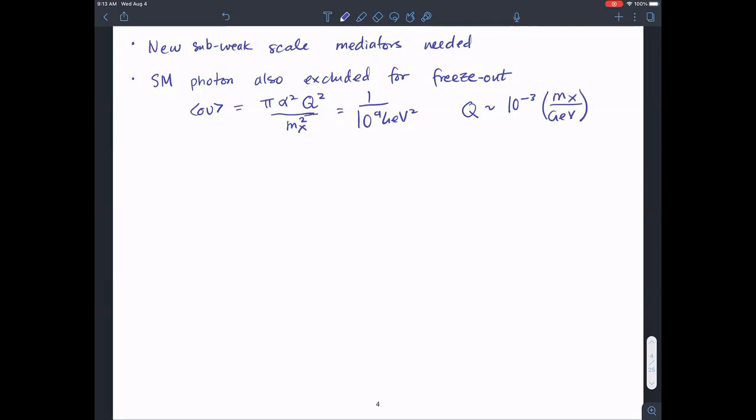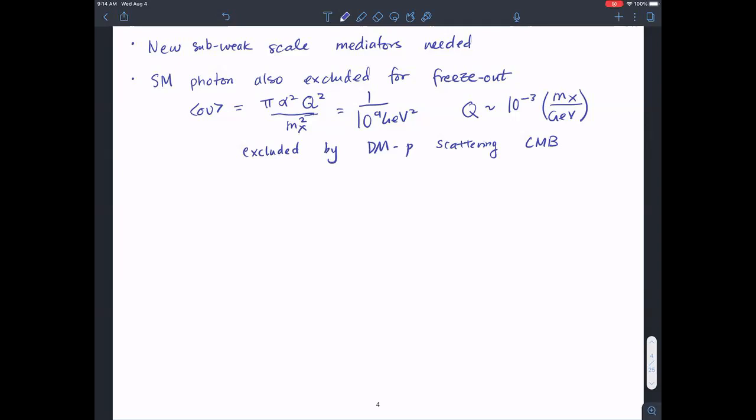And that's excluded by various CMB bounds. So it's excluded by dark matter baryon scattering, dark matter proton scattering, and that affects the CMB. And so that's a very strong constraint on the allowed charges.